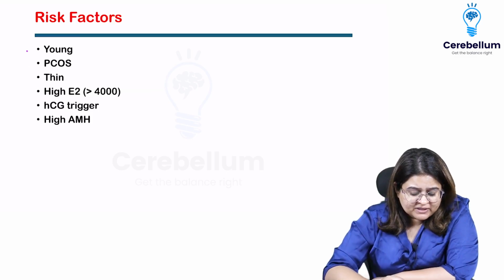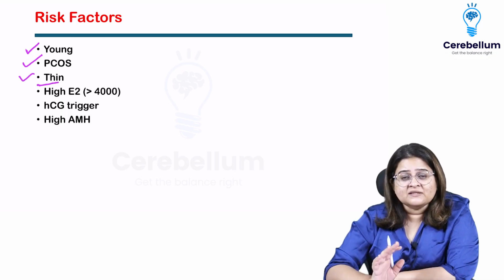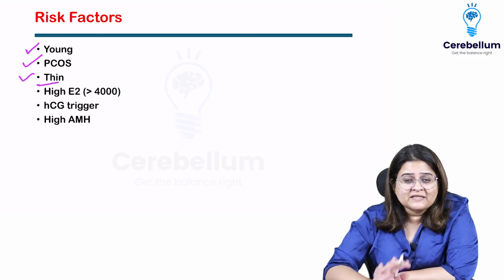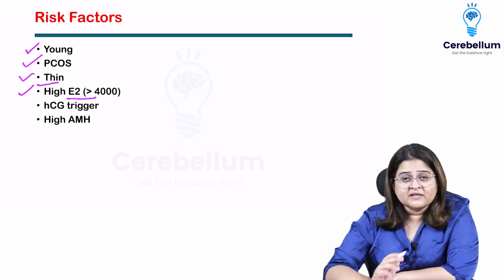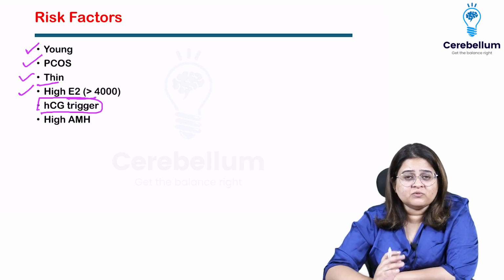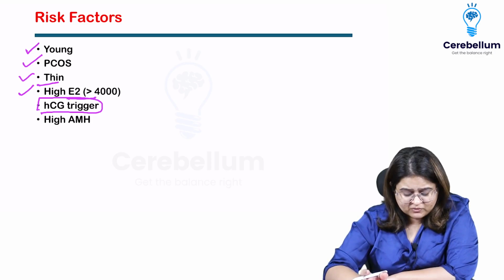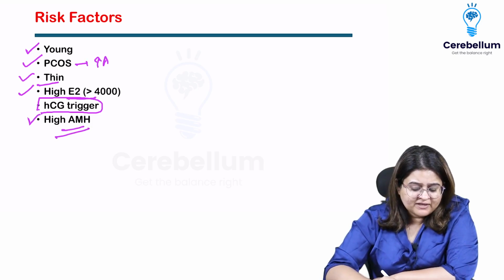As for risk factors: young girls with PCOS. Normally PCOS girls are fatter, but a thin girl, that is a low BMI or lean PCOS, young in age, with high estradiol levels, is at risk for OHSS. Remember, HCG is a culprit. So giving HCG, the woman is again prone to get OHSS. And those who have high AMH, PCOS girls have a high AMH.